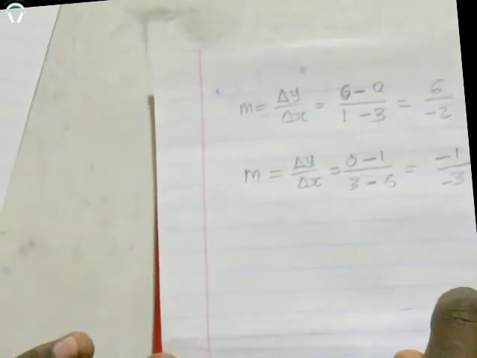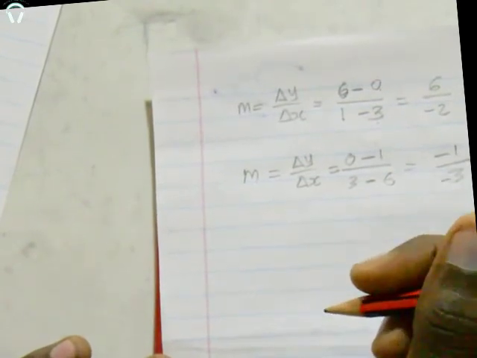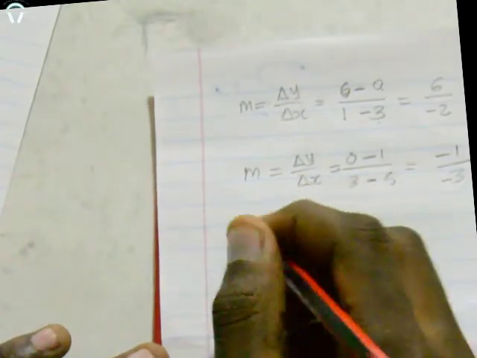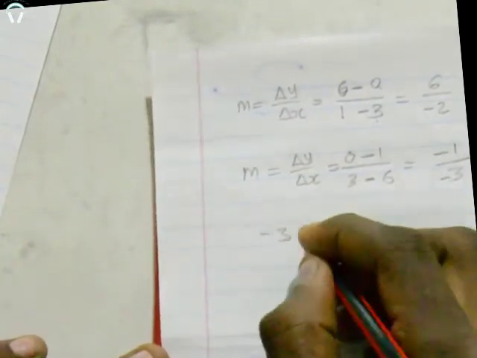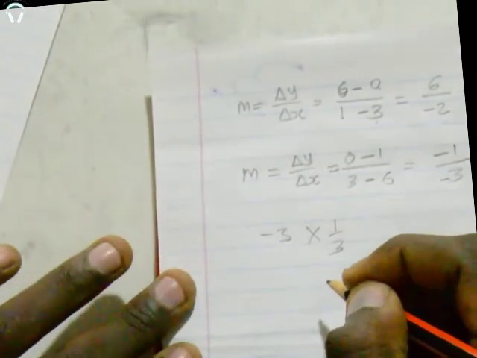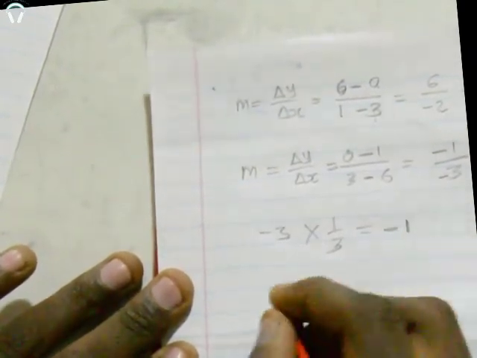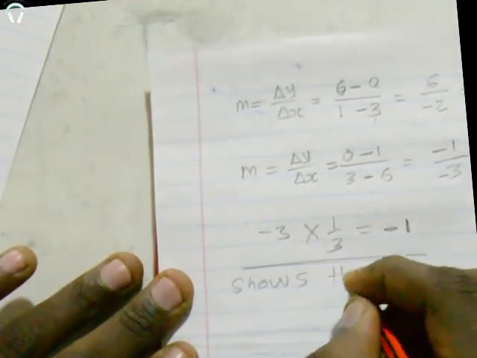For perpendicular lines, if you multiply the two gradients, they must give you a product of -1. So the gradient of AB is -3, multiplied by the gradient of BC, which is 1 over 3. -3 multiplied by 1 over 3 is -1, which shows that the two lines are perpendicular.